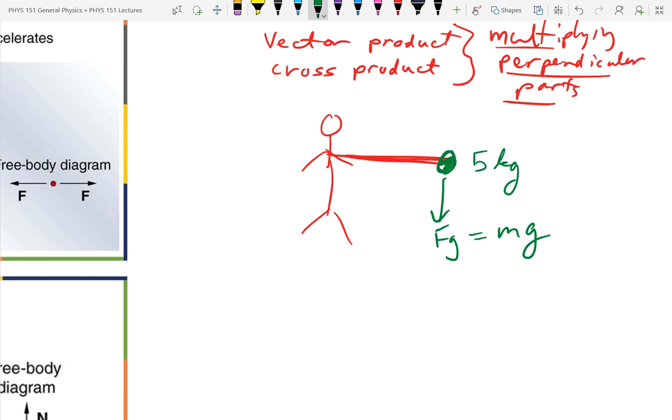Or how many pounds? The conversion is roughly 2.2 pounds per kilogram. So if I have 5 kilograms times 2.2 pounds per kilogram, that would be about 11 pounds that I'm holding out here.